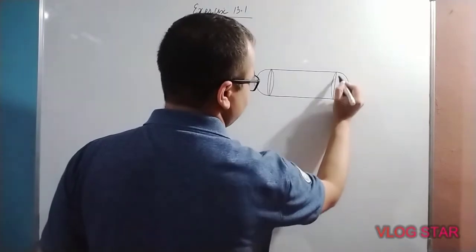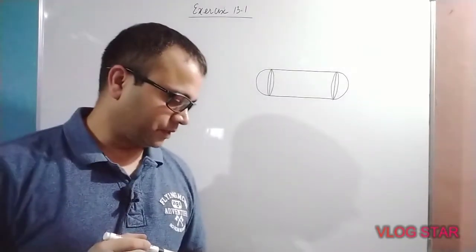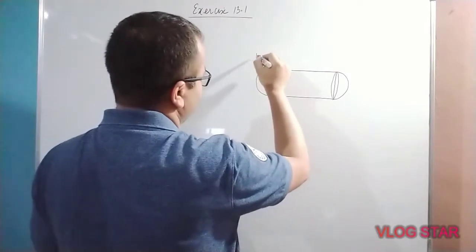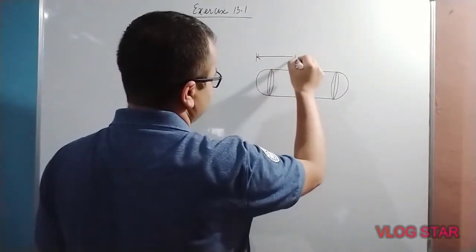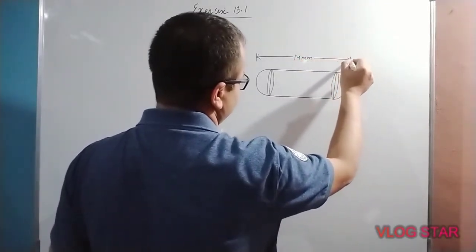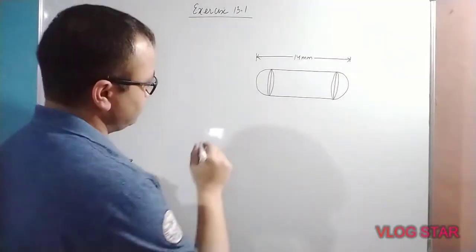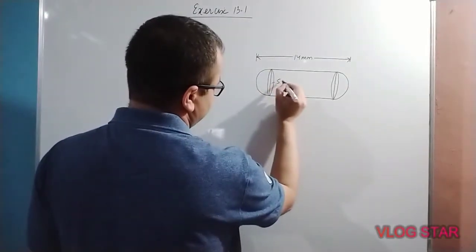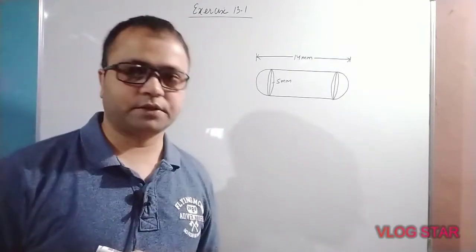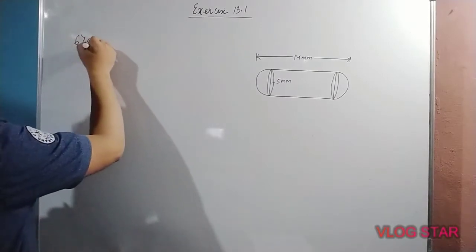This is the actual shape of the medicine capsule. The length of the entire capsule is 14 millimeter, and the diameter of the capsule is 5 millimeter. Find its surface area, meaning total surface area.